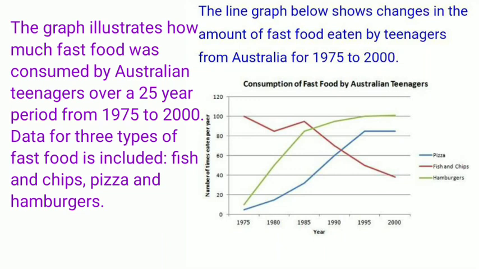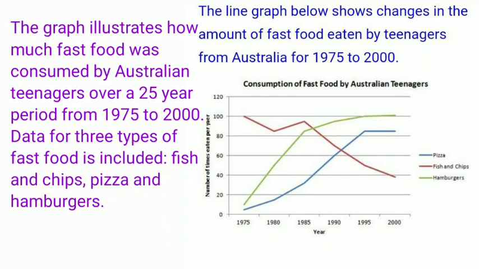Adjective and noun, you can write "dramatic increase." Dramatic is an adjective and increase is your noun. There are various verbs that you can use, like increased, inclined, rose, went up, grew.